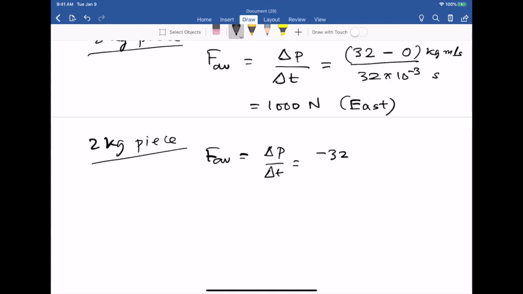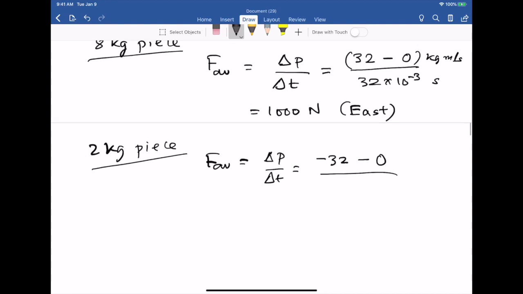And the initial momentum of the 2 kg piece was 0. And then you divide that by the delta T that's provided, 32 times 10 to the negative 3. Again, kg meters per second over here and just seconds over here. So what does this give us? This gives us exactly the same thing, but with opposite sign, minus 1000 newtons, which means that it's to the west.